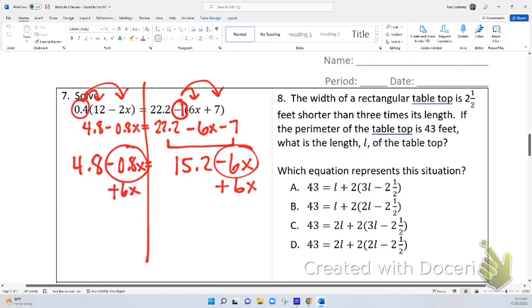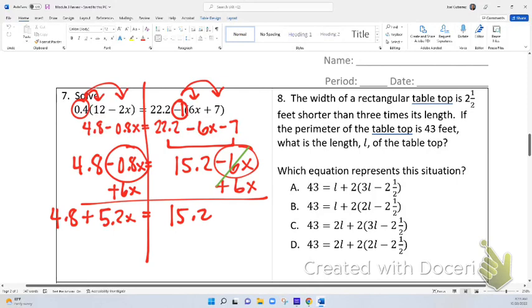You add 6x to both sides. These go away. Bring down a 15.2. And then if you do negative 0.8x plus 6x, that would give you a 5.2x. And then you bring down the 4.8, and this is a plus sign because it's a positive.